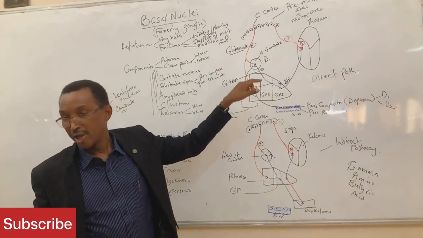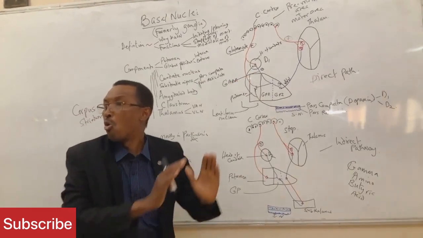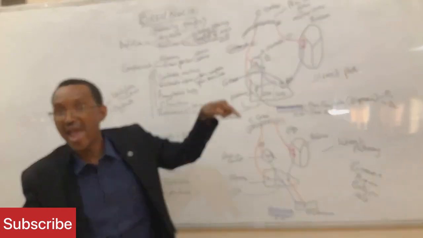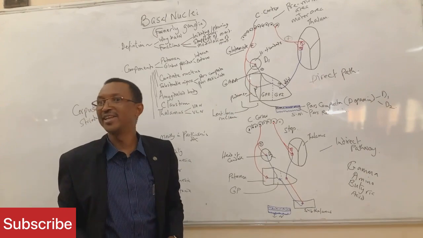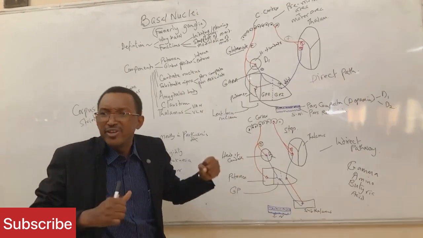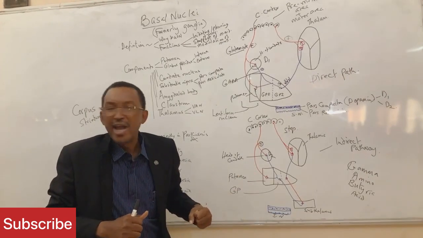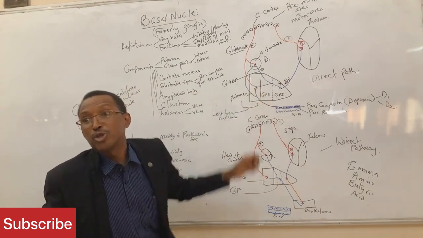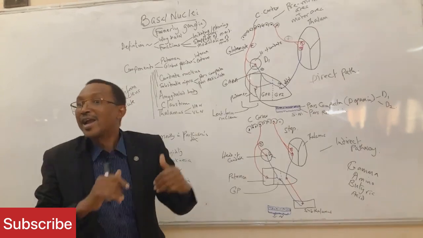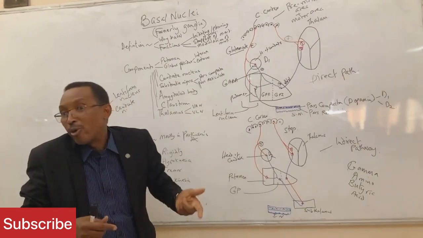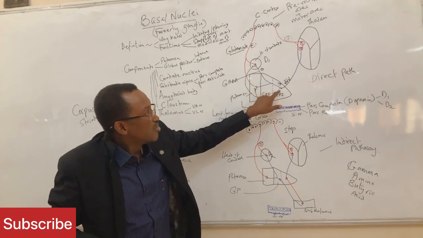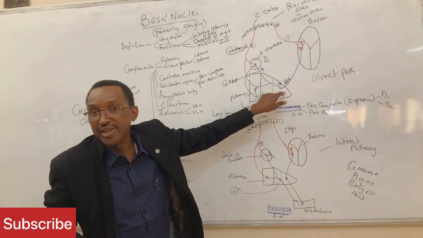Are you clear? So the excitation is now more. So the production of GABA here, is it going to be the same as before or higher? Higher, exactly. So this one is going to be inhibited the more. Are you clear? Since it's going to be stimulated the more, it is going to produce more GABA. The GABA is higher now. So since the GABA is much, much higher now, it means a lot of GABA is deposited here.